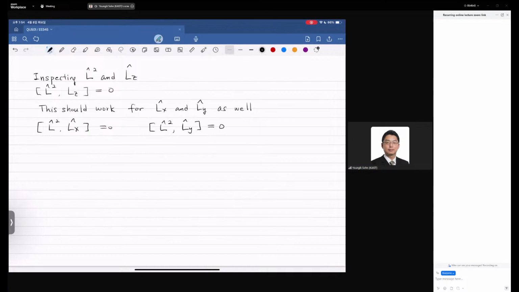And this should work for Lx and Ly as well. We know without actually rigorously calculating Lx and Ly. Why? It's a question. Raise your hand, bonus point. Without calculation, we know from the first row, the Lz.